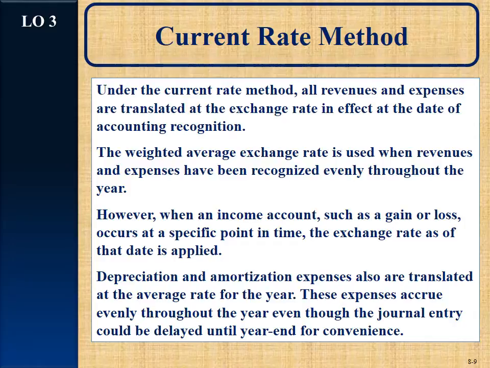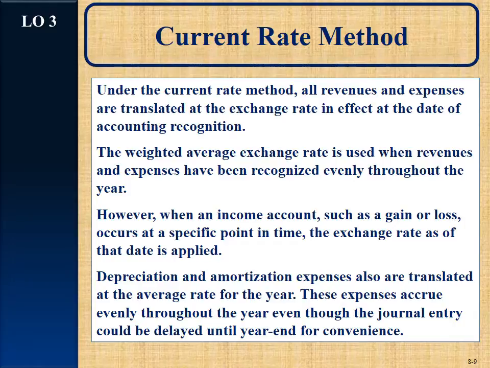When an income account, such as a gain or loss, occurs at a specific time, you use the exchange rate at that date. So if there was a sale of a plant asset on a specific date. Depreciation and amortization expenses are translated at the average rate for the year. They're looked at as happening throughout the year. Now, these expenses accrue evenly throughout the year and could be delayed until year end for convenience.